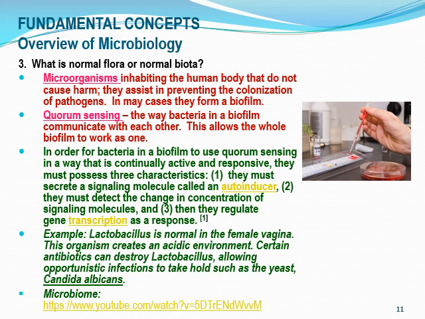So right down there at the bottom, you'll notice there's a very good YouTube video on your microbiome and how it works. We talk about the lactobacillus in the normal female vagina. That's where it goes. This organism creates a very acid environment, and it serves its purpose.